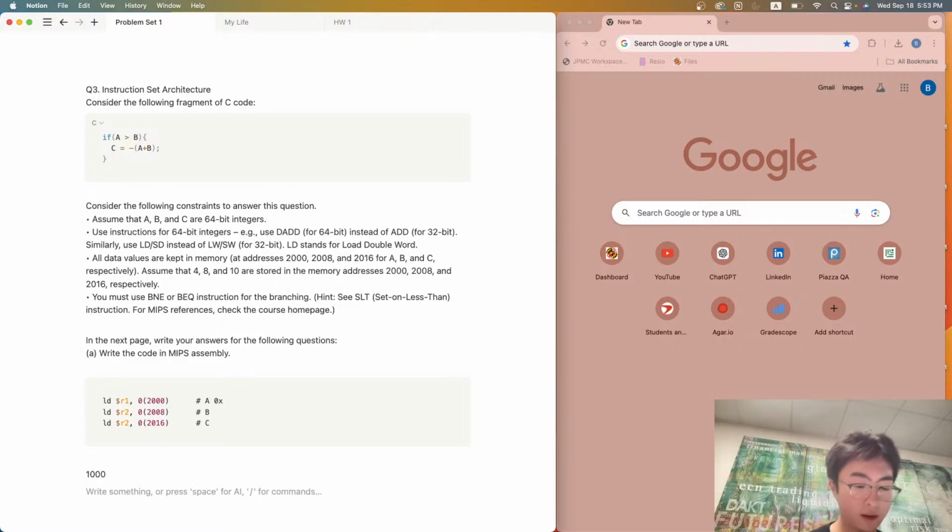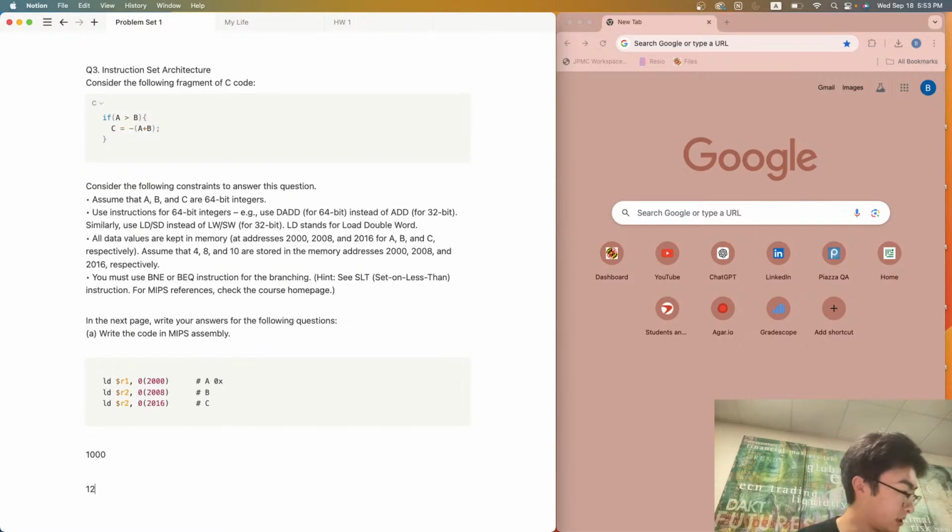Maybe it's the same thing with 16. Or what if we converted it to binary, then to hex, right? Is that possible? So if we take 1,000, for example, let's see.